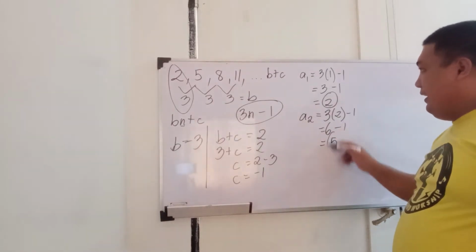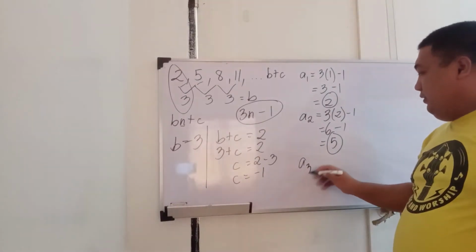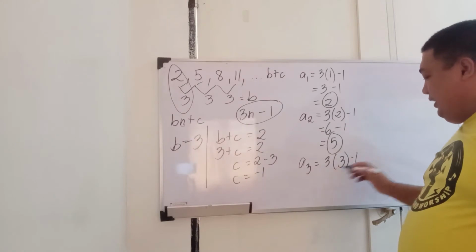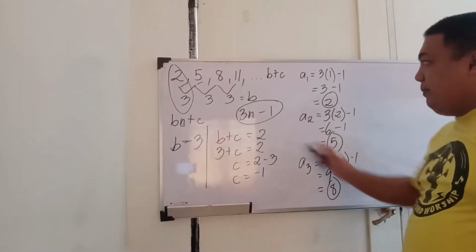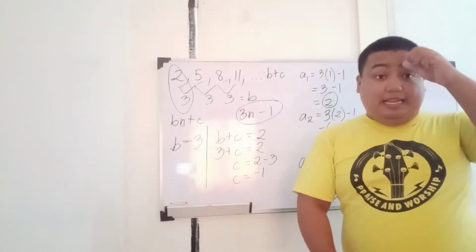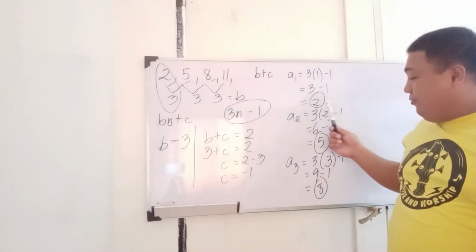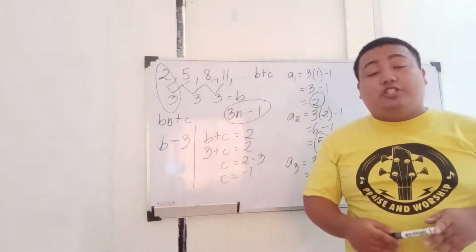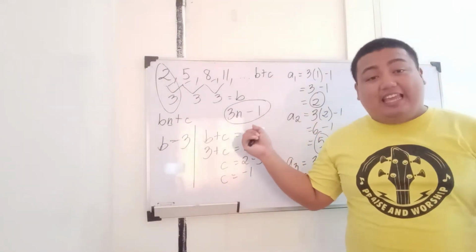Right? The same. 2, 5. Next, a sub 3. 3 times 3 minus 1. 9 minus 1, 8. The same will happen with 11. Okay? Since it is true for 2, 5, and 8, it will surely be true for 11, and so on and so forth. So, the end term of 2, 5, 8, and 11 is 3n minus 1.